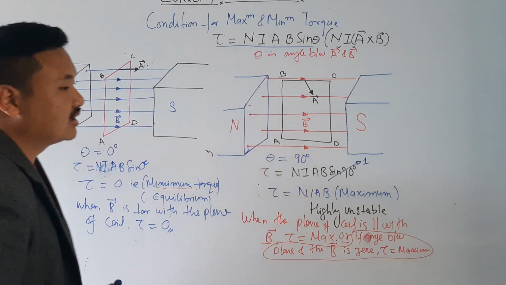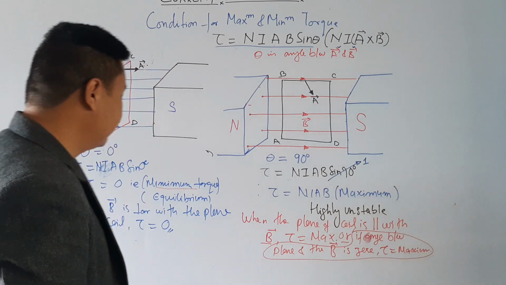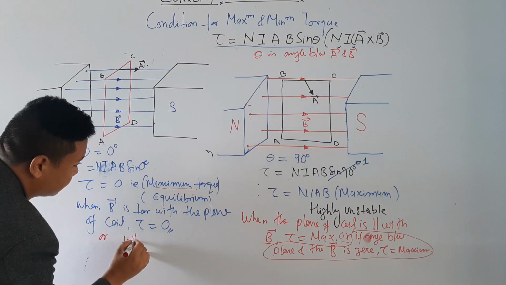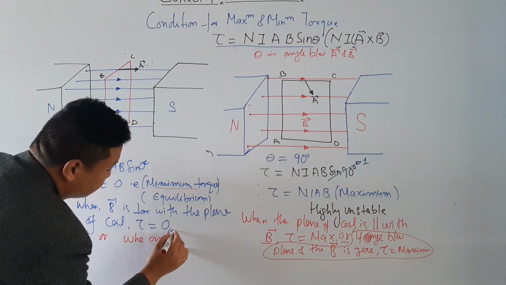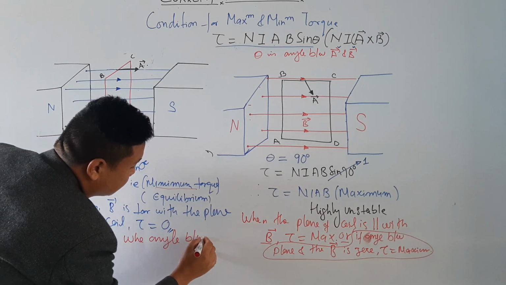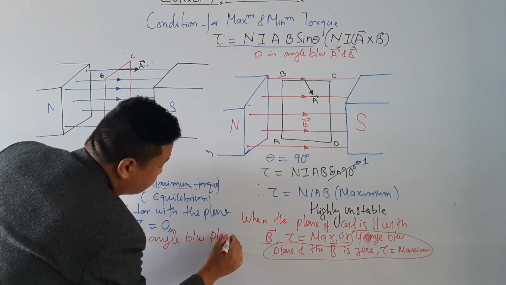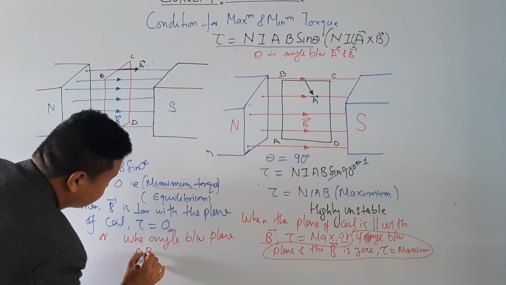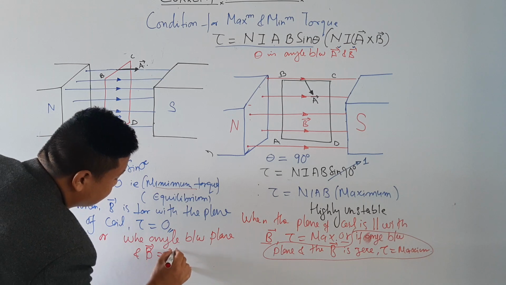So this is how you can understand. Or when the angle between the plane and magnetic field is equal to 90 degrees.